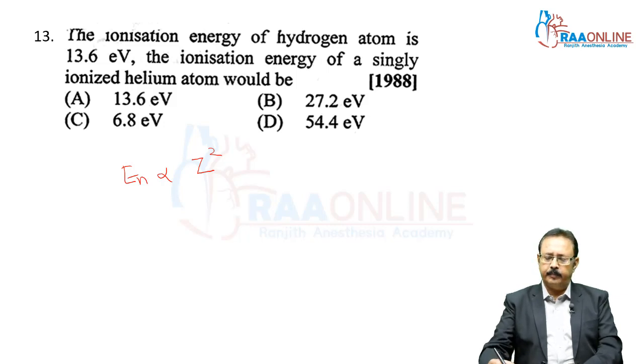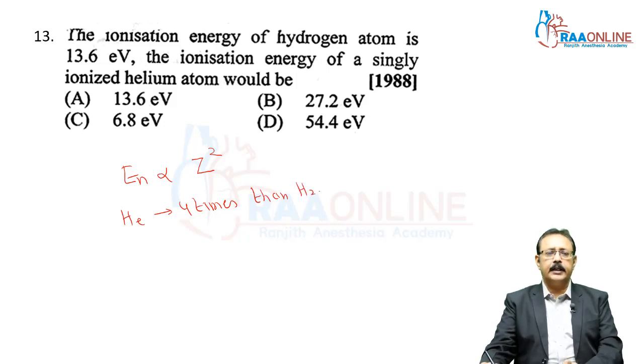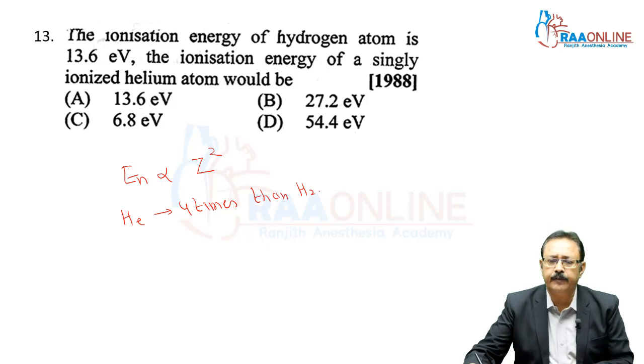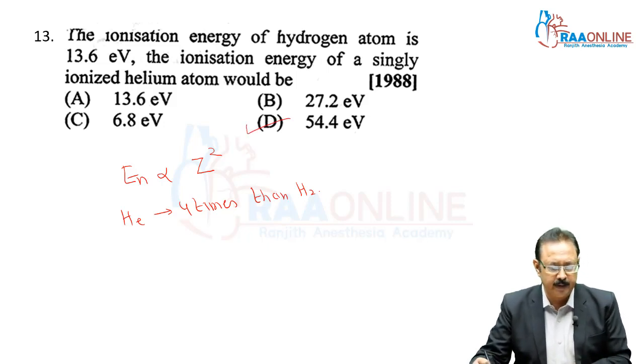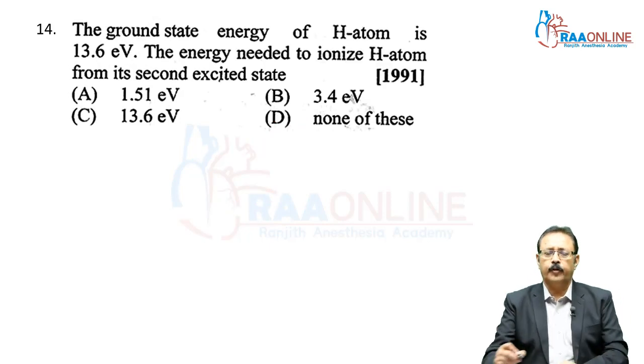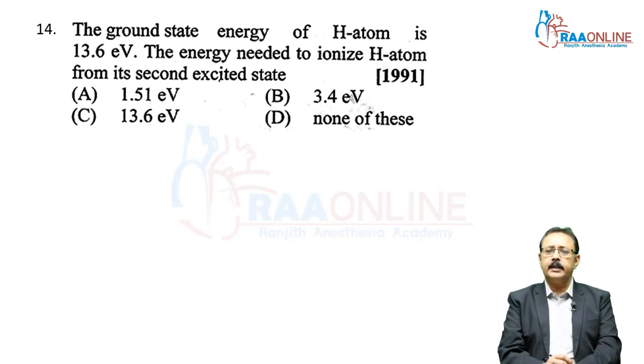So for helium it should be 4 times that of hydrogen. So if it is 13.6 for hydrogen, 13.6 into 4, 54.4. So we will go with option D. 13th D.